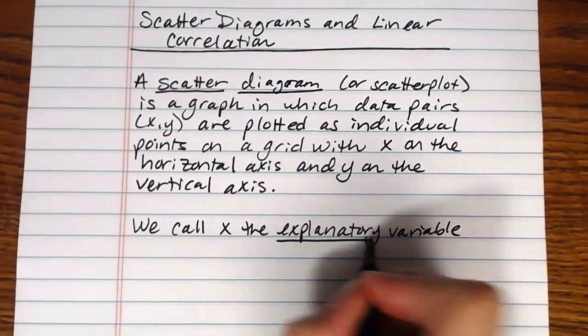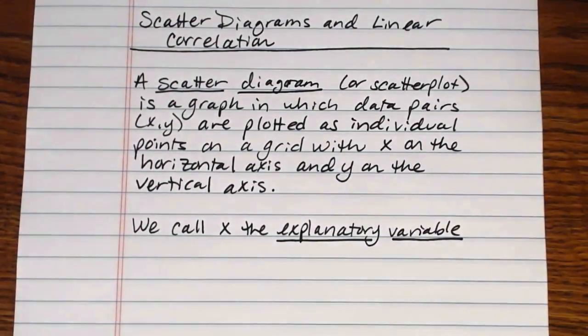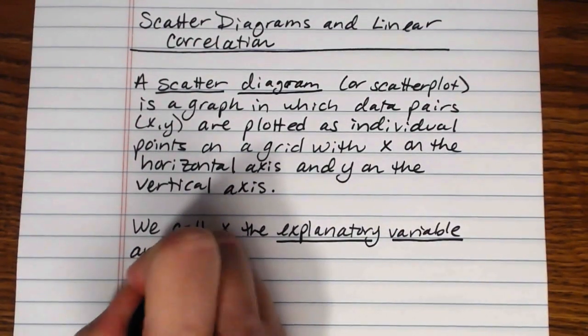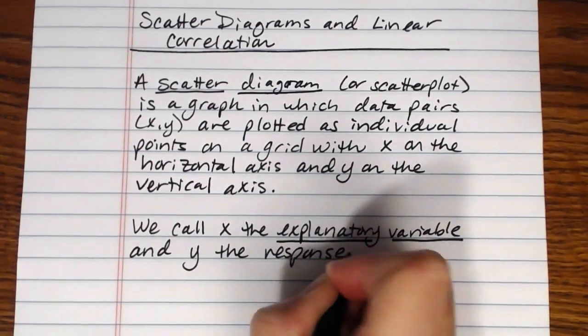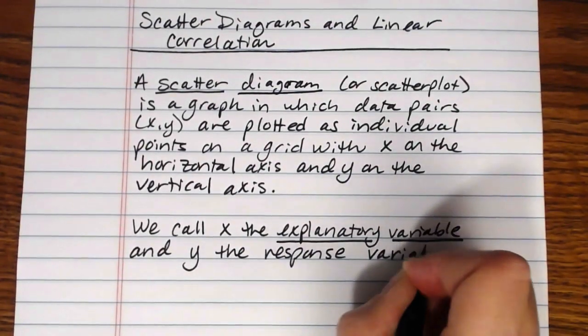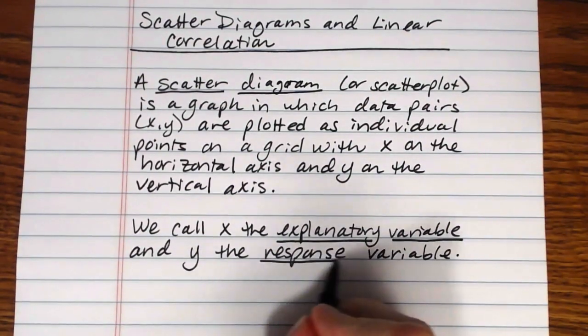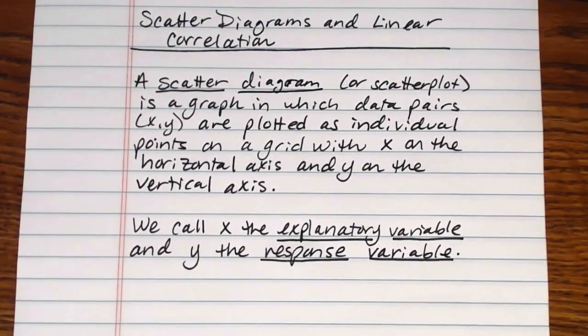So X is the explanatory variable and Y is the response variable. Okay, so another little change in terminology from what you've likely dealt with before.